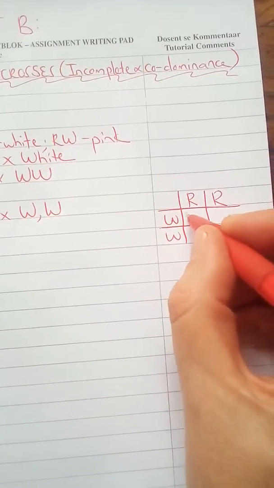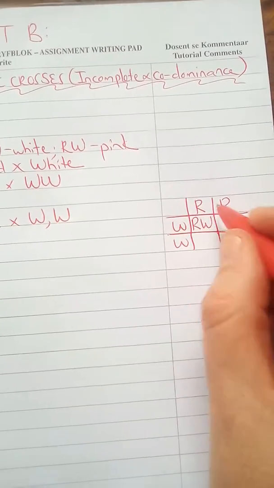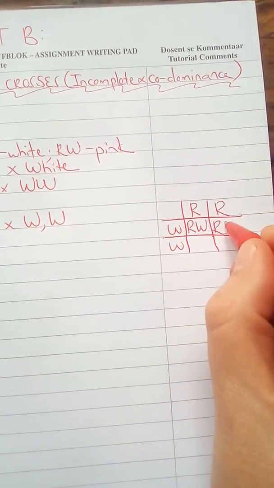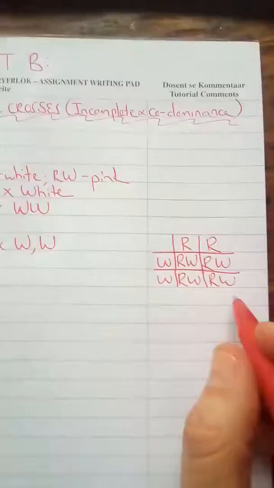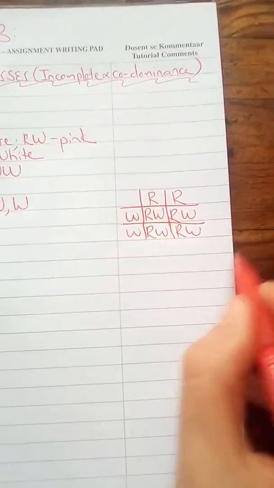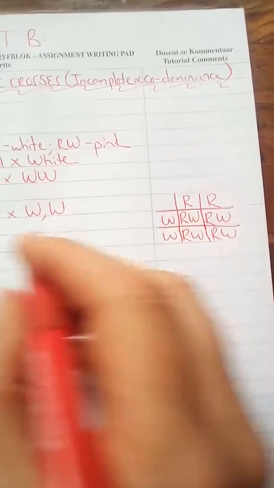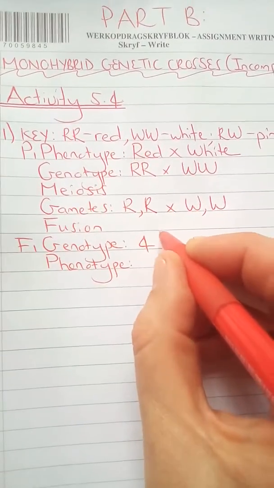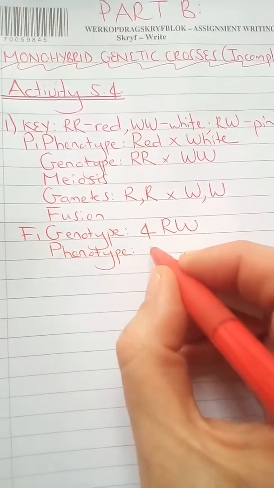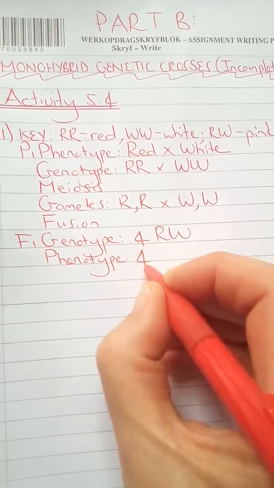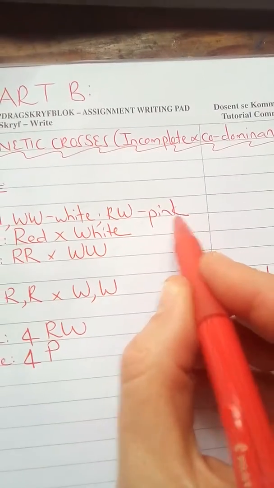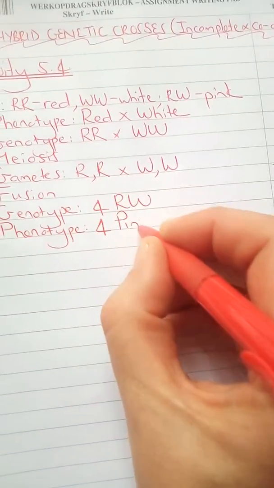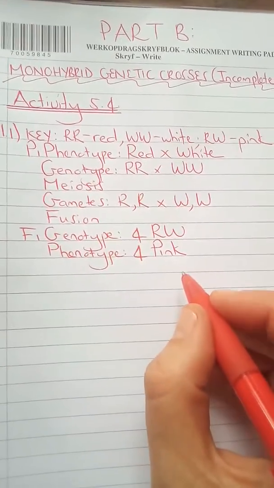Okay, our R will come first. And you will notice that all 4 combinations gives rise to capital R, capital W. We will write this in the genotype. Our phenotype is then 4 pink, according to our code, our key, 4 pink flowered offspring.